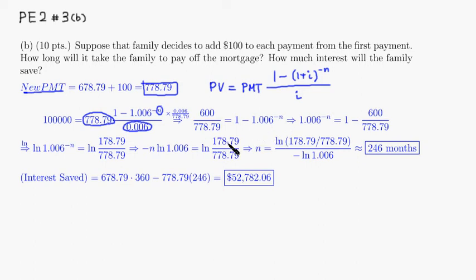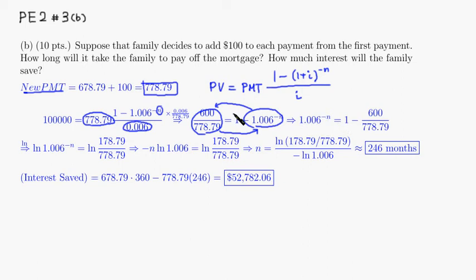The next step is to move this term over to the other side. I'm moving this term to the right hand side, so negative 1.006 to the negative n power becomes positive 1.006 to the negative n power.